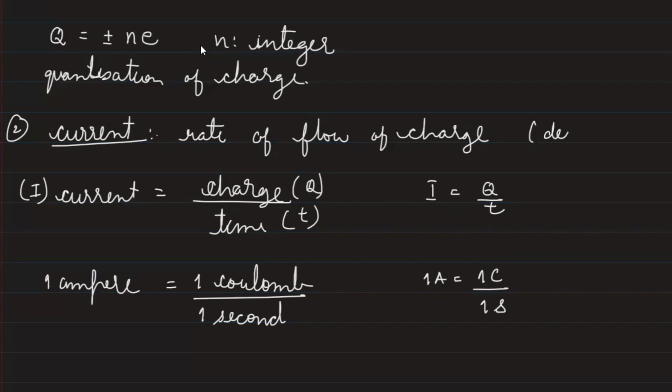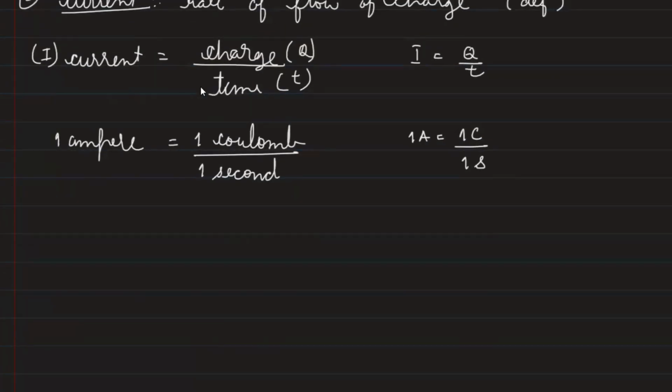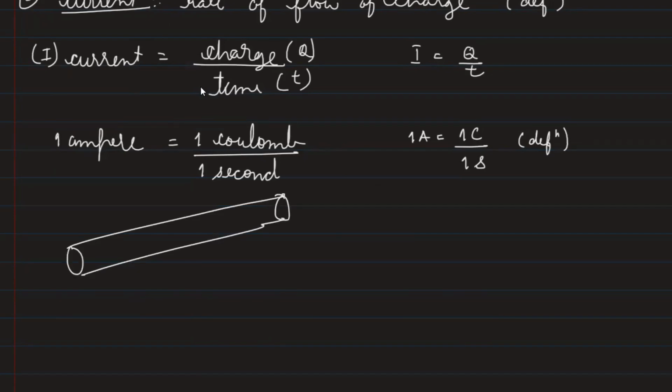So this is definition of electric current, rate of flow of charge, and this is definition of an ampere. So if you're talking about a charge flowing through a wire, through a particular cross section, in 1 second, if 1 coulomb of charge is flowing, then we say that the current flowing through a wire is 1 ampere.